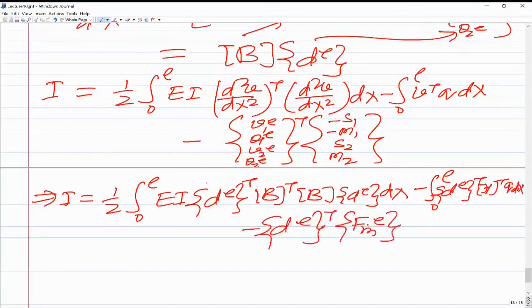Now in this term, d transpose can be taken on the left side out of the integral, d can be taken on the right side out of the integral, and then delta I equal to 0 will give you the element level governing equation.